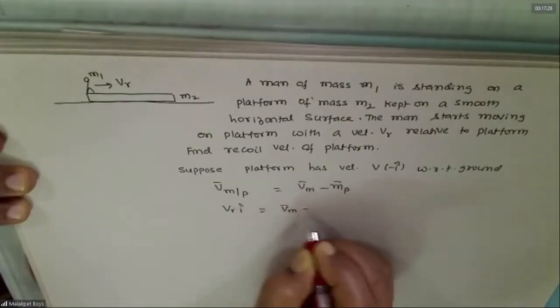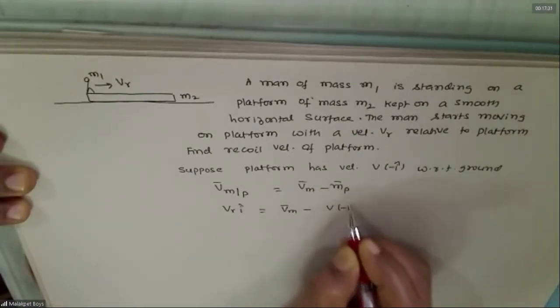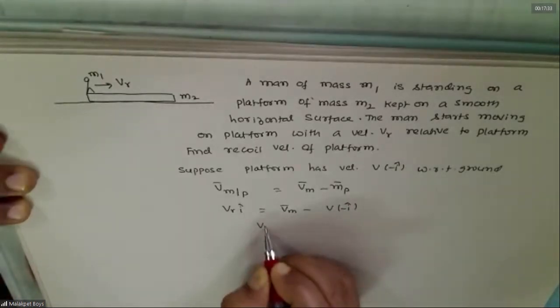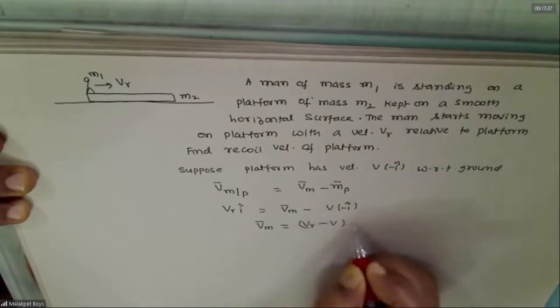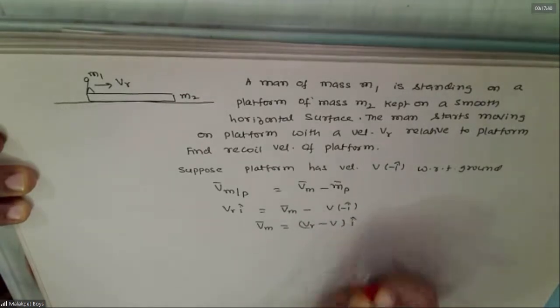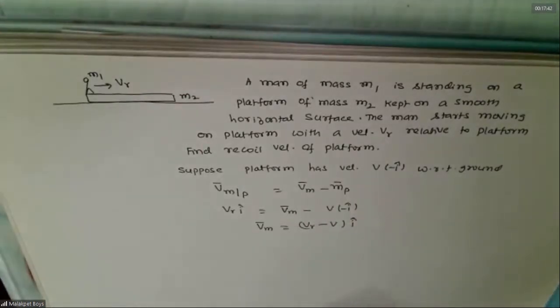This is the man with respect to ground, this is the platform with respect to ground. So the man with respect to ground is VR minus V in the I cap direction. Understood this?